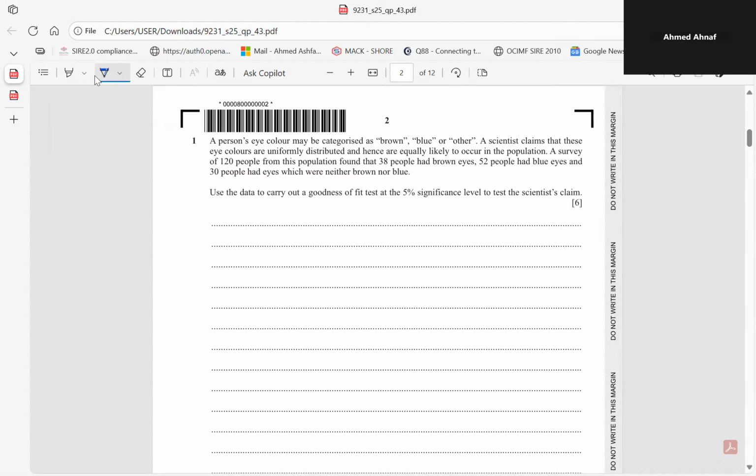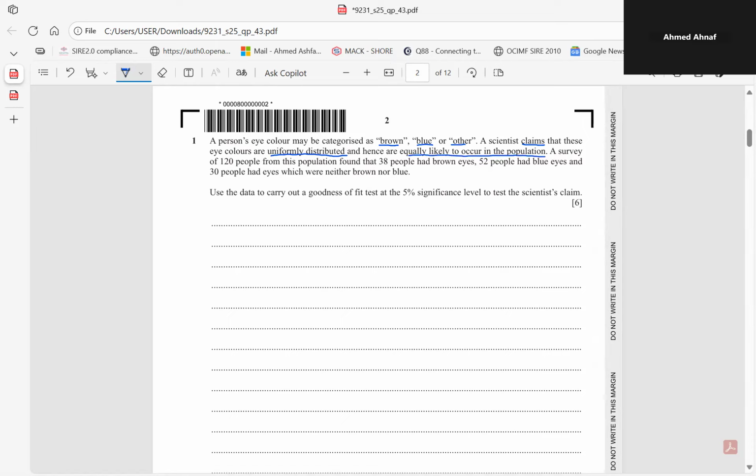Okay, so for the first question, we're told that a person's eye color may be categorized as brown, blue, or other. Scientists claim, and this is the important part, that these eye colors are uniformly distributed and hence are equally likely to occur in the population.